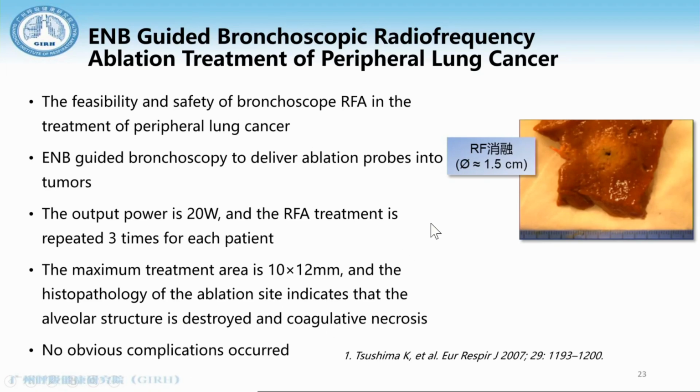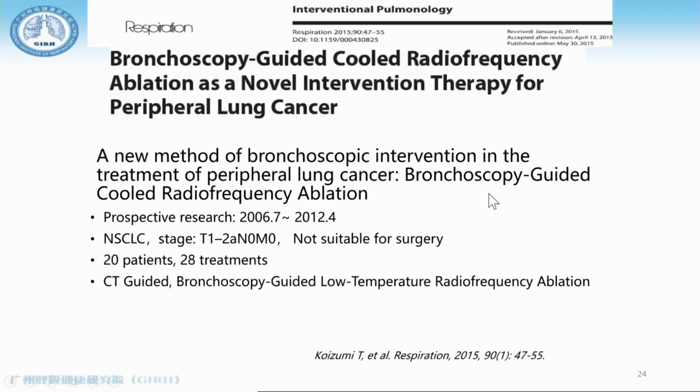So this method is feasible and safe, but the efficacy is limited since the necrosis area is just 1.5 centimeters.